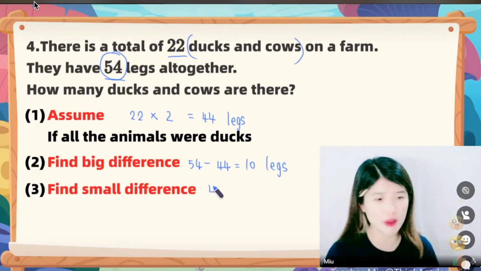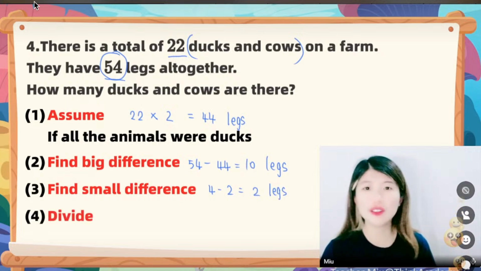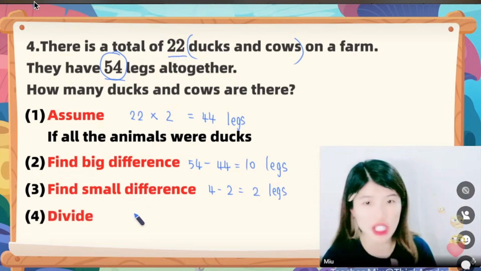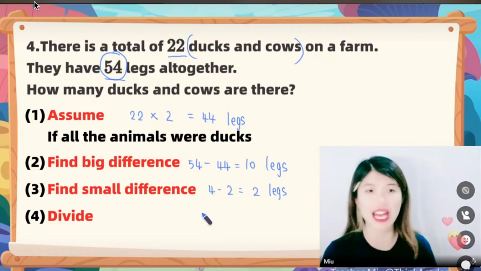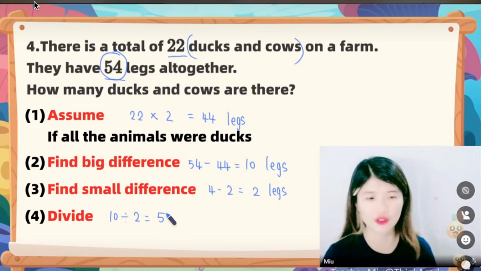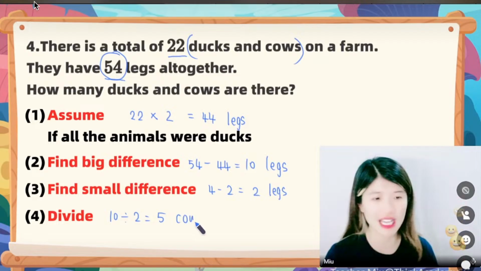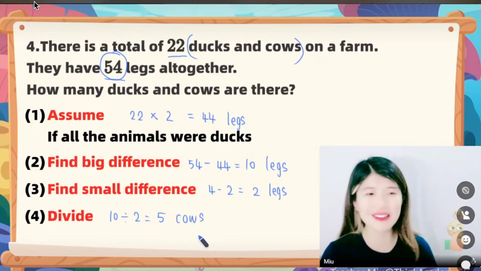So it's 4 minus 2, which gives 2 legs each. If so, can you tell me how many such ducks we need to transform into cows? We use 10 divided by 2 to find that there are 5 ducks transformed into cows. So we have 5 cows. If we have 5 cows, then how many ducks?